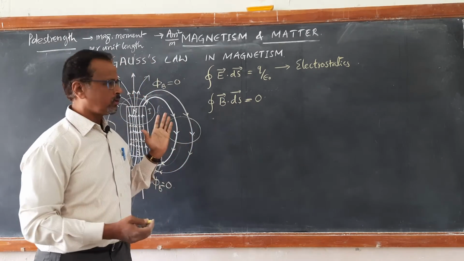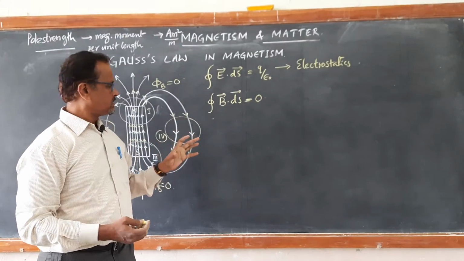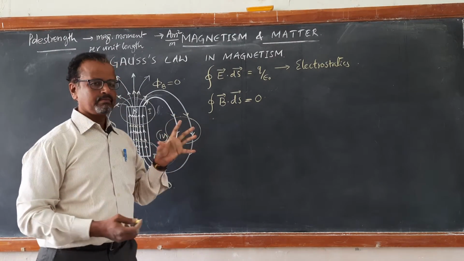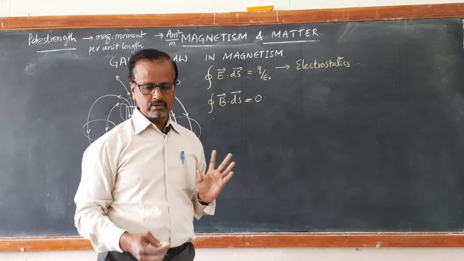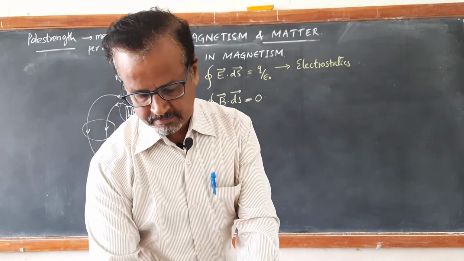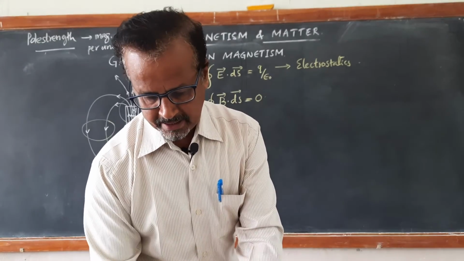So, the net magnetic flux enclosed by a closed surface is always equal to 0. This is the statement of the Gauss law in magnetism.